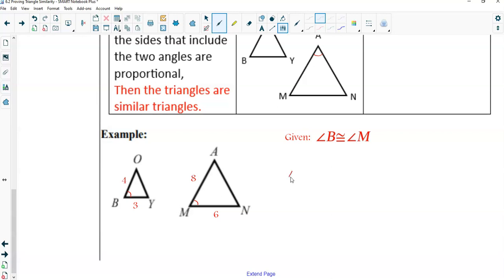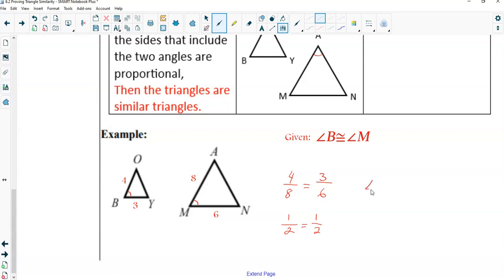So 4 is to 8 as this side right here corresponds to that one, 3 is to 6. Notice this is 1/2, and if I simplify that one, it is also 1/2. So 1/2 is equal to 1/2, therefore they are proportional. Therefore, by side angle side, these two triangles are similar.